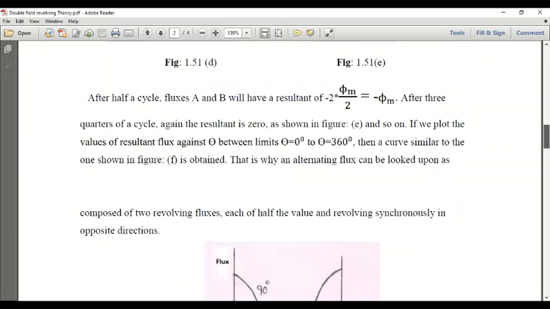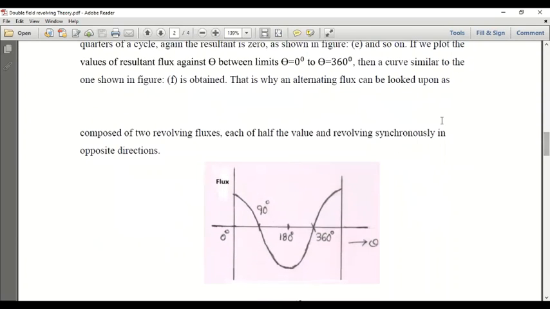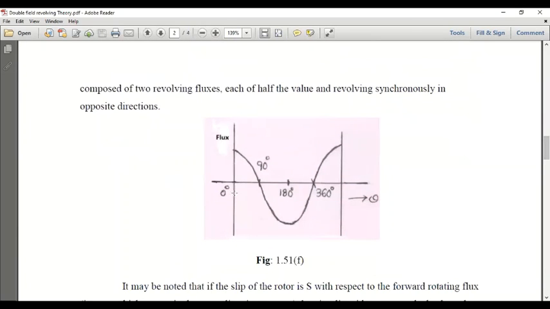If we draw the fluxes produced from theta equal to 0 to 360 degrees, the curve would be shown here. For theta equal to 0 degrees, the resultant flux is phi m. The angle between 0 to 90 degrees, that would be phi m cos theta.